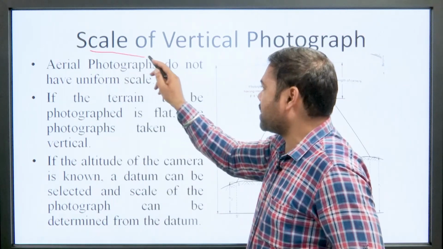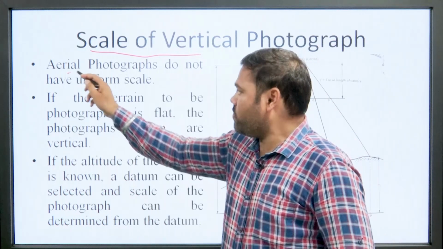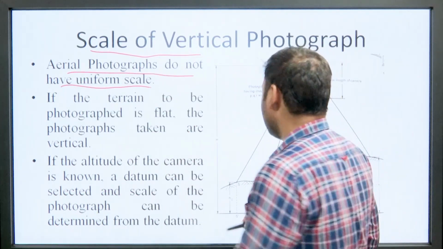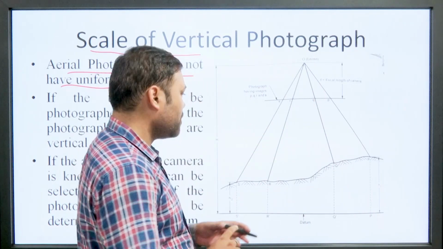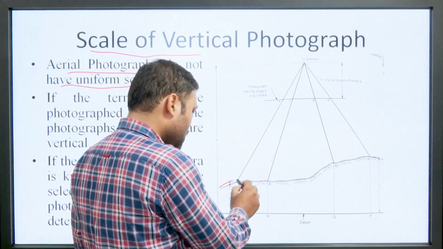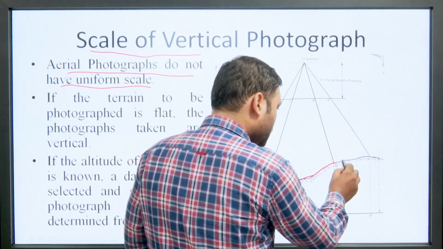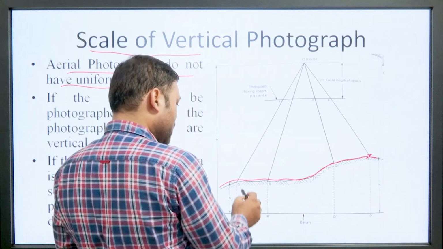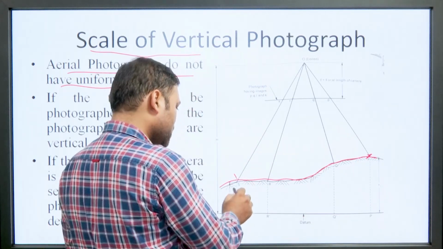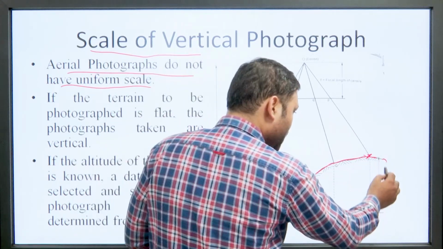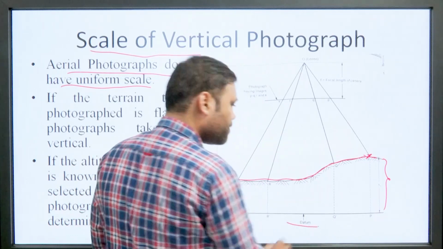Now, aerial photography does not have a uniform scale. By looking at this figure, we can easily see that this is the ground. Point P and point S have different heights from the datum.